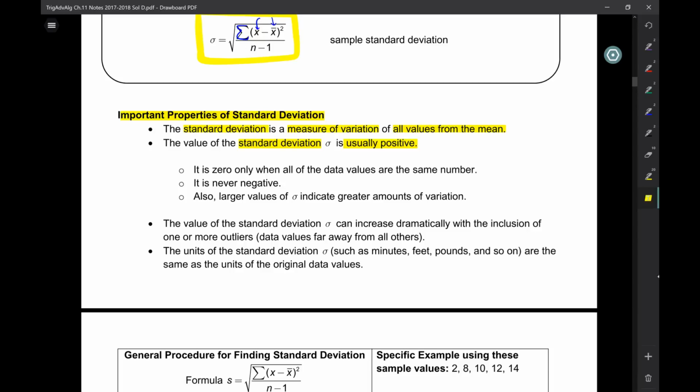What's the average? 93. So how far is a specific student's score from the average? 0. So in that case, the standard deviation is 0. So standard deviation is 0 when all of the data values are the same number. Everyone has the same score.